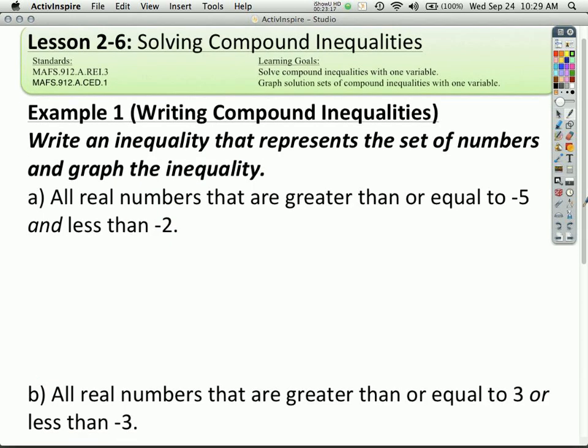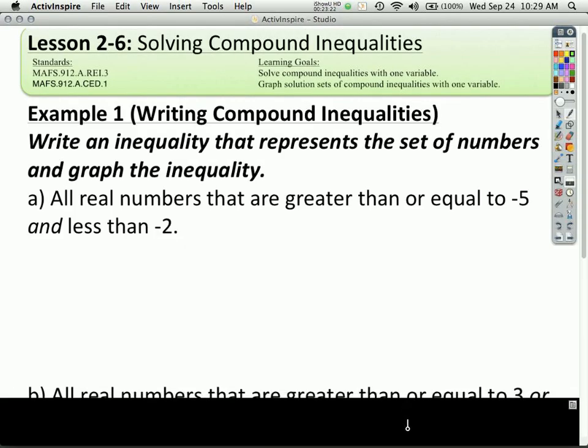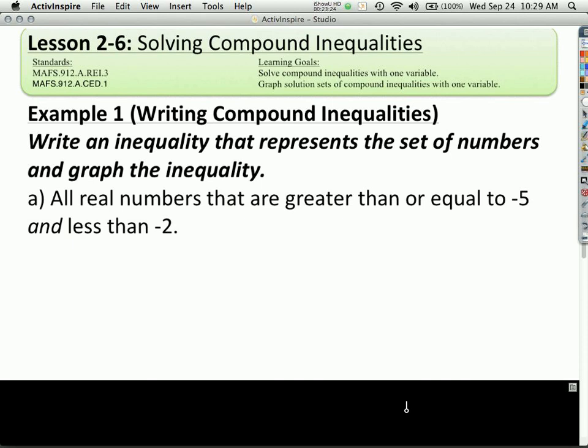So, you do not need to copy everything. In fact, for today, you can just write example 1A. You don't have to write the instructions. You don't have to write part A, but you need to read both of them carefully.